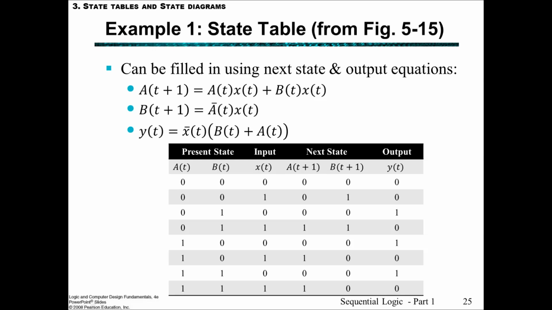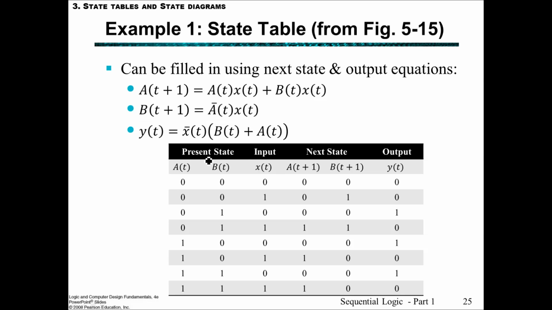These are given for the next state of A, that is, where A at t plus 1 is the next state of A, and B at t plus 1 is the next state of B. And notice that the next state of A actually depends upon the current state of A and the current state of B, as well as the input x at time t. B, on the other hand, depends upon A and also the input x.